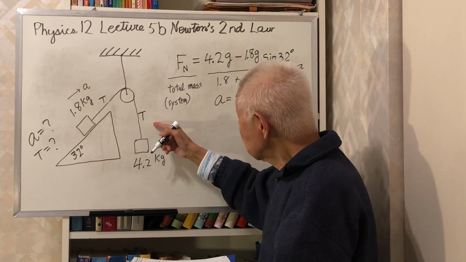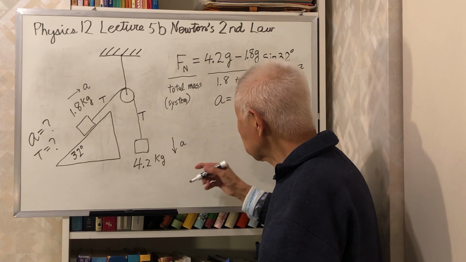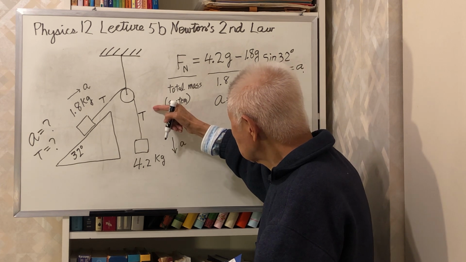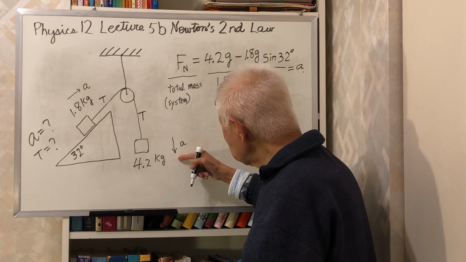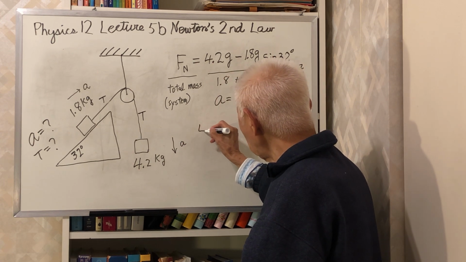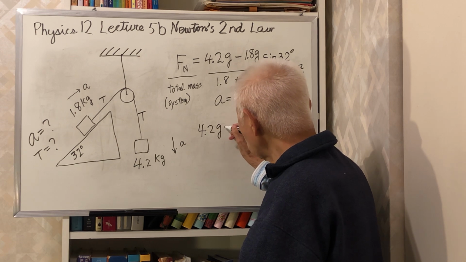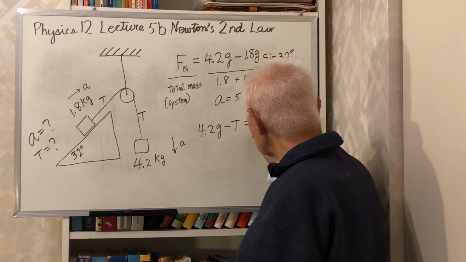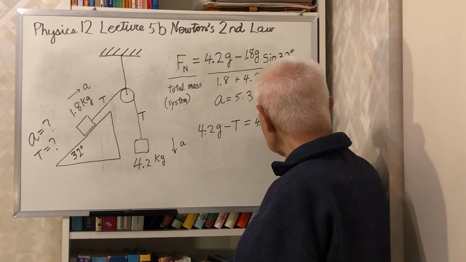So apply force equals ma for this 4.2 kilogram. This is pulling up, force of gravity is pulling down, and the acceleration is down. Therefore, you have 4.2 g, that's the force down, minus the force up, is equal to mass times A. A is 5.3.